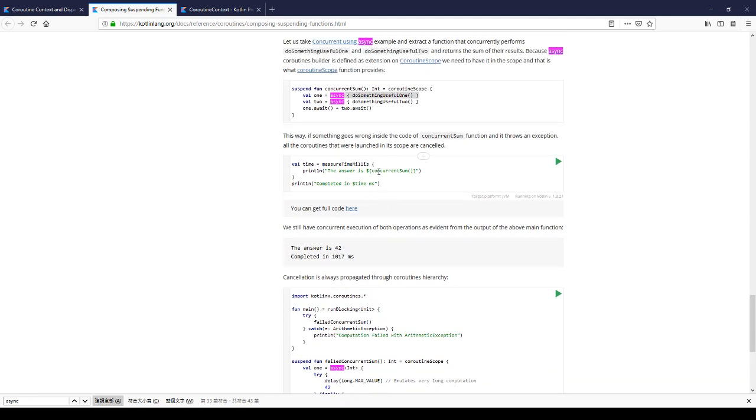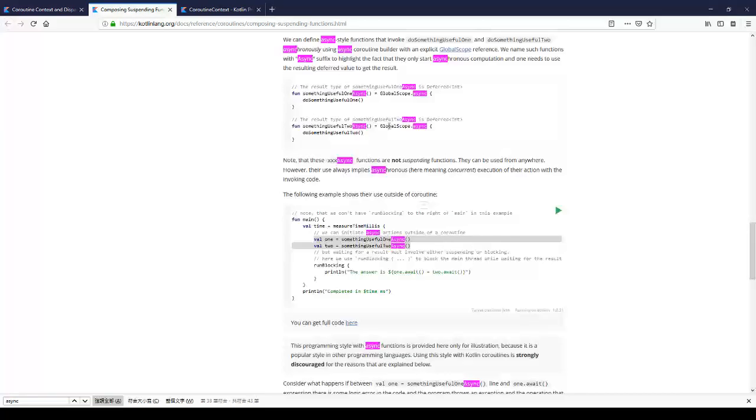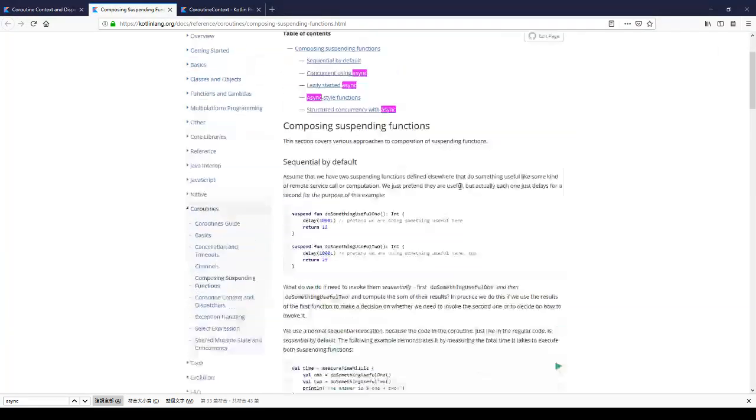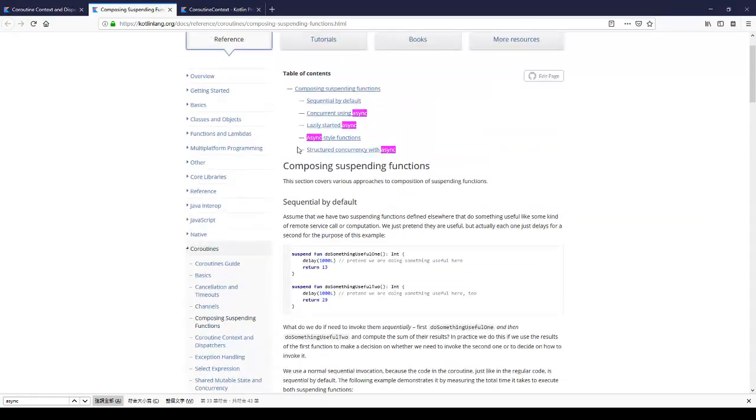So yeah, async is a builder, and it builds a subcoroutine, I would say. Because everything here is sequential by default.